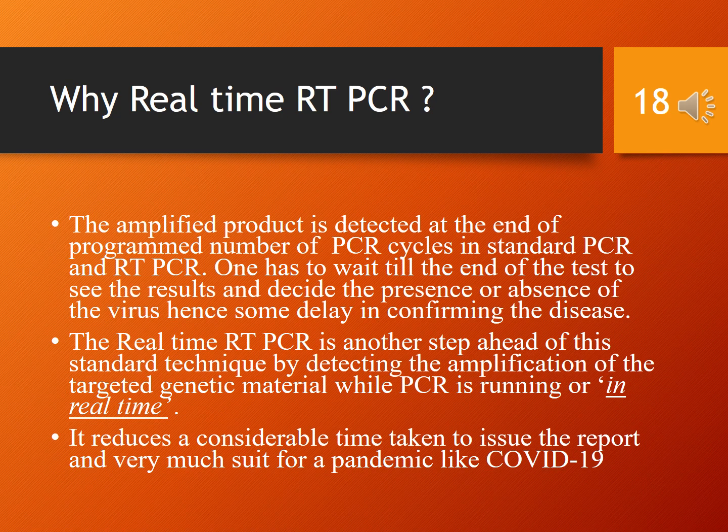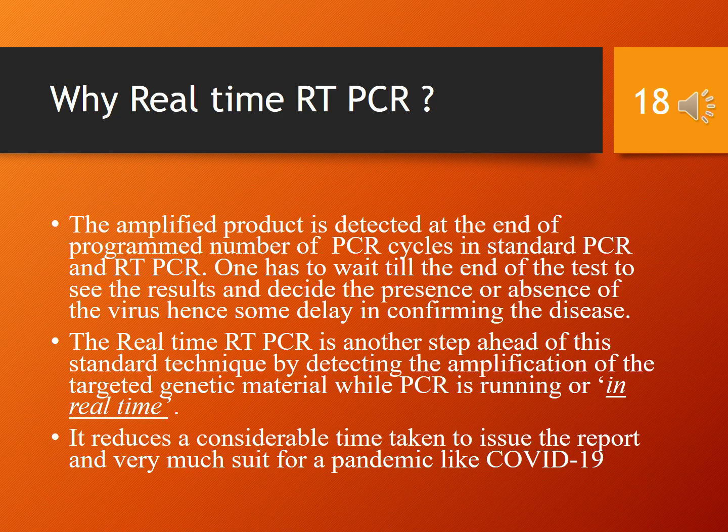Why real-time RT-PCR? The amplified product is detected at the end of the programmed number of PCR cycles in standard PCR and RT-PCR. One has to wait till the end of the test to see the results and decide the presence or absence of the virus, hence some delay in confirming the disease.